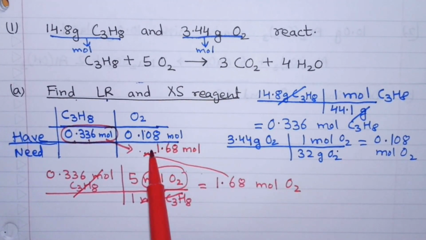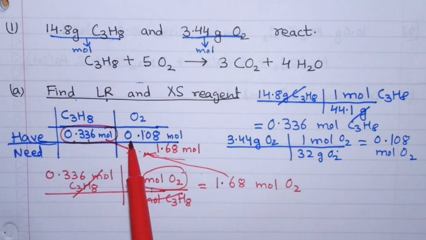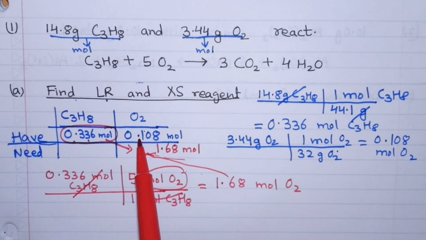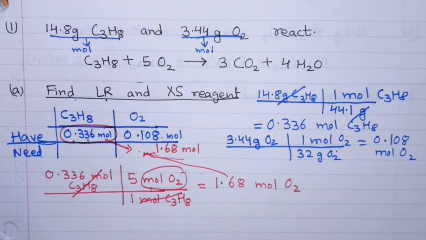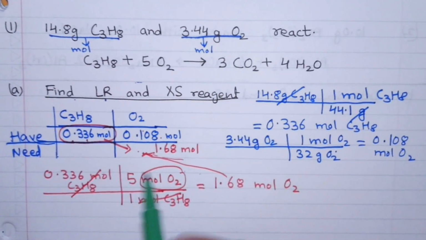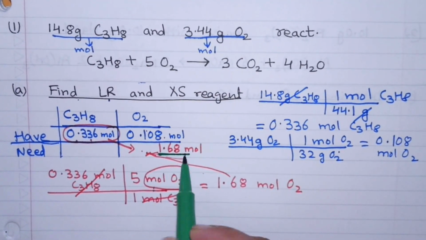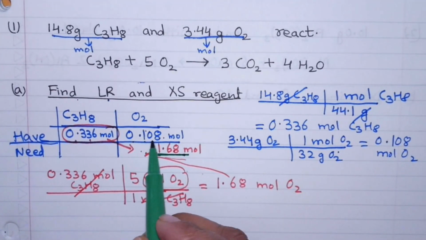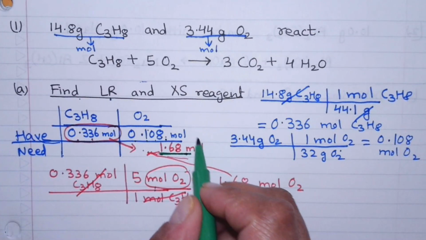So this is the amount that we actually need. Now look, we have only 0.108 moles of oxygen. Now compare these two numbers. Which one is more? So we need more oxygen. We need 1.68, but we have only 0.108, right? So our have is less.